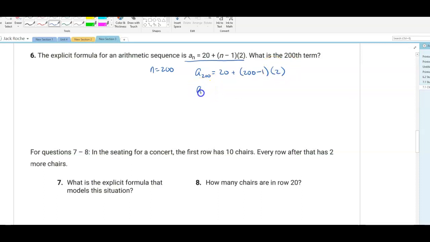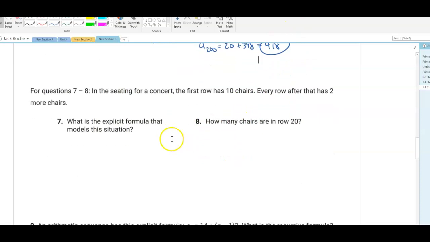So if I use my order of operations, a sub 200 is 20 plus 199 times 2. And remember, order of operations tells us we have to do multiplication first. So 199 times 2 gives me 398. So a sub 200 equals 20 plus 398, which is going to give me 418. Okay, so the 200th term would be 418.